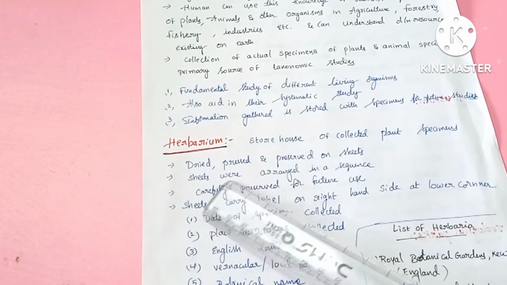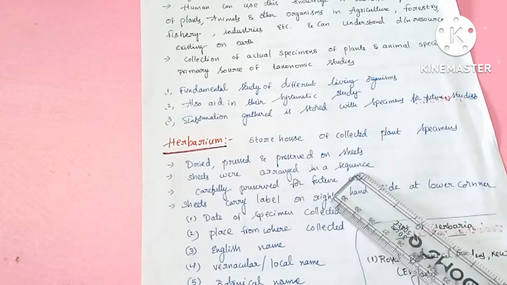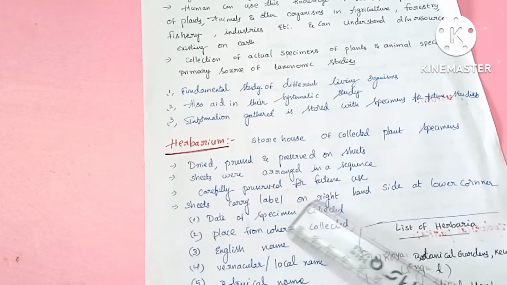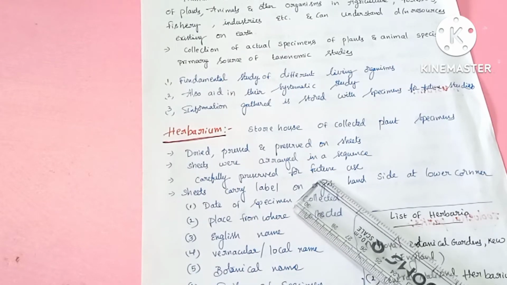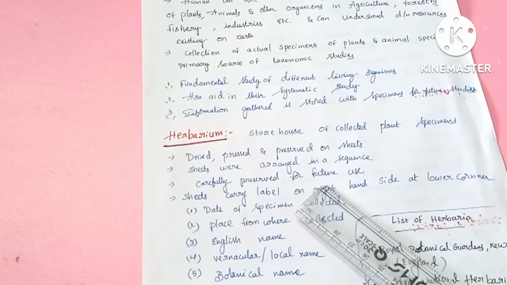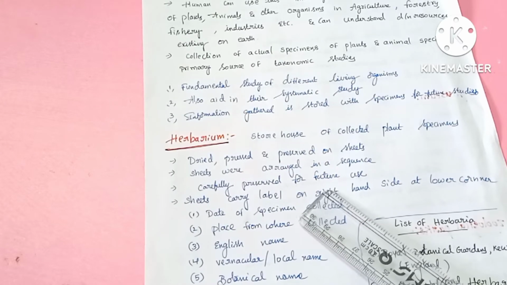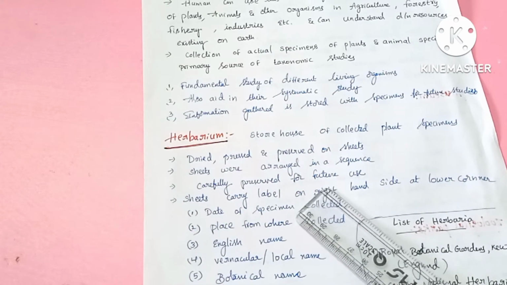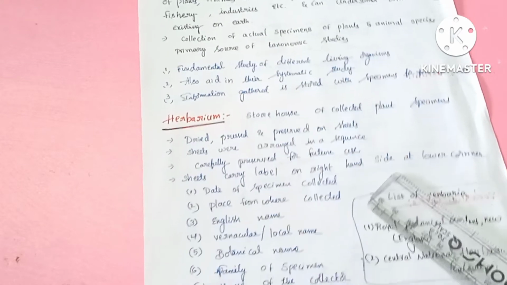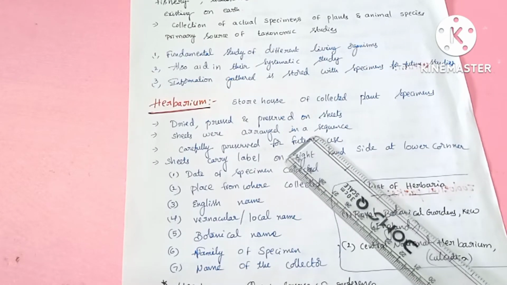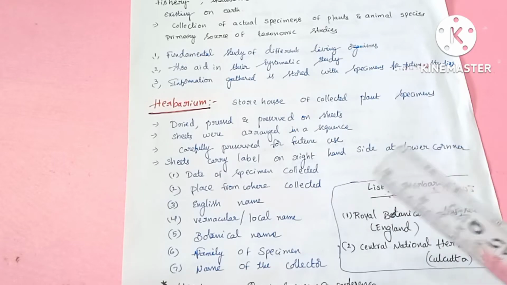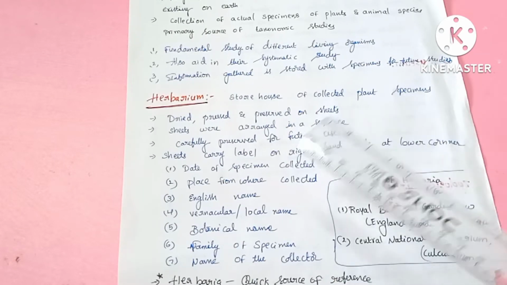These sheets are arranged in a sequential order and carefully preserved for future use. Whenever we want to study any plant, we can study it by seeing those sheets. That means these herbaria provide a quick source of reference also.